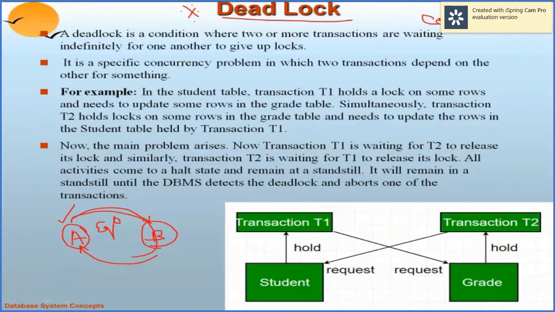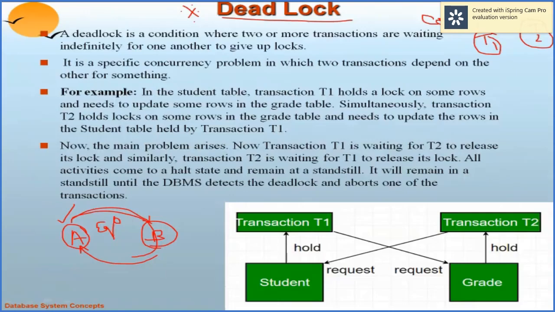In the same way here, in the concurrency condition, the transactions happen in such a way that the first transaction T1 will be holding the lock on a data item. The second transaction T2 is holding one more data item.